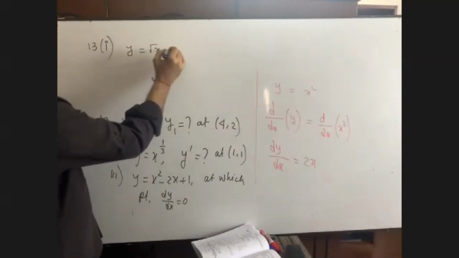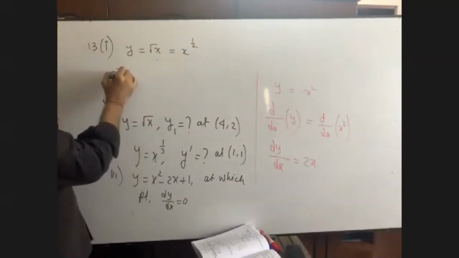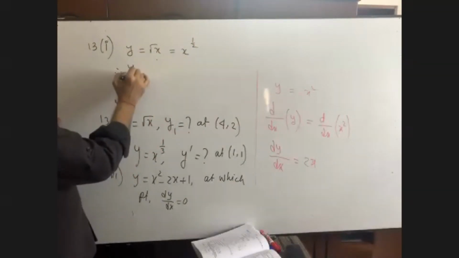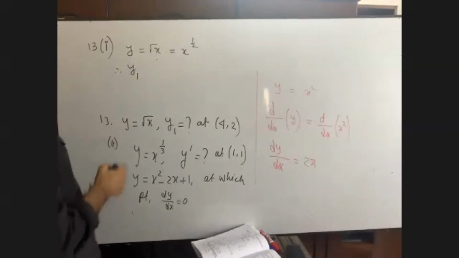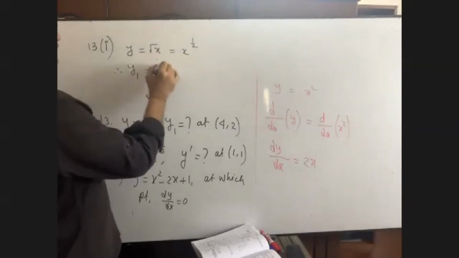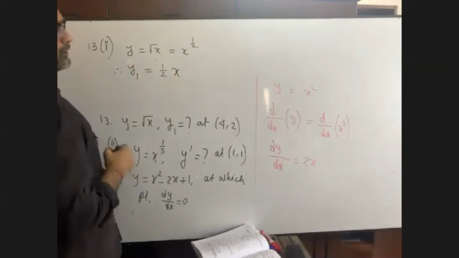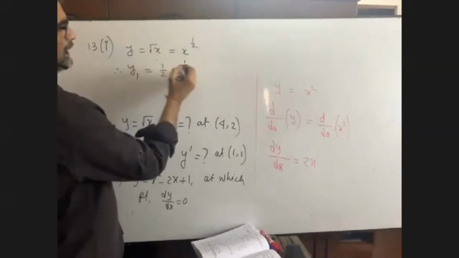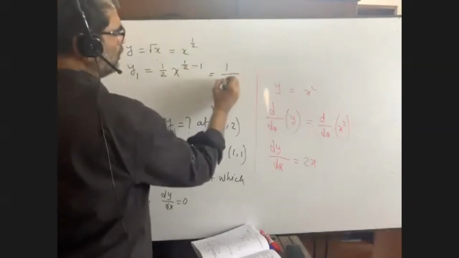Root x means x to the power half. Therefore, y1, the first differentiation, is half times x to the power half minus 1, equals 1 by 2 root over x.